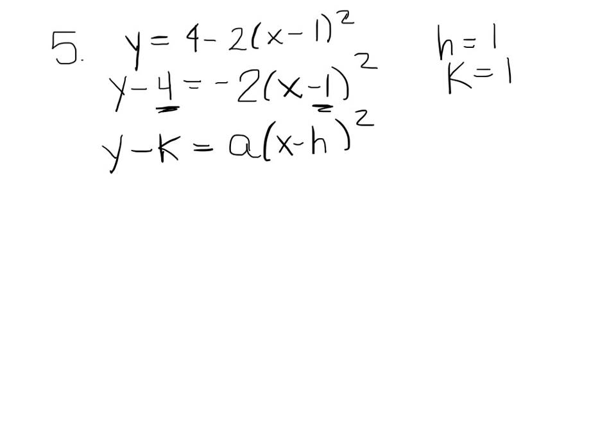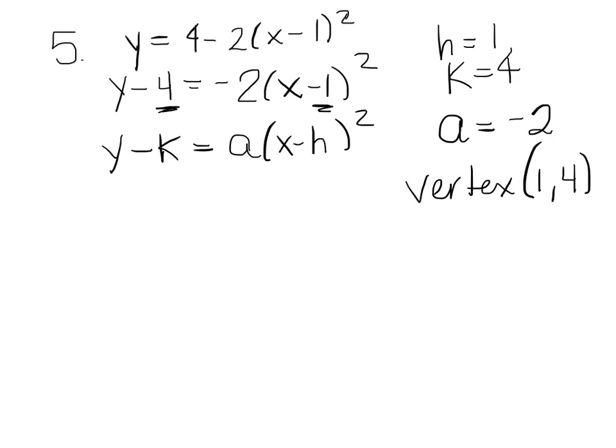That's the general form. So comparing those two, you can find h is 1, k is 4, and a is negative 2. Now h and k are simply the vertex, so I know I have a vertex at 1, 4.